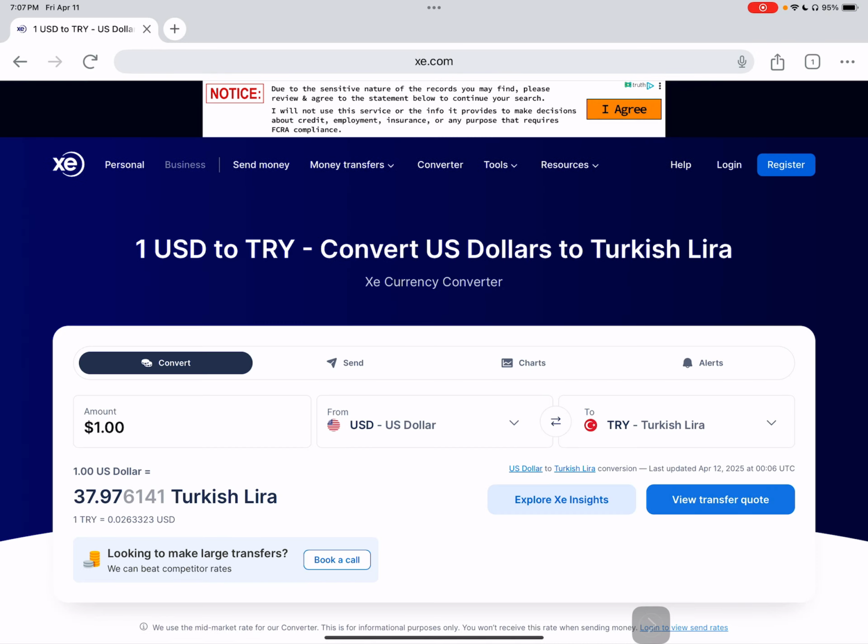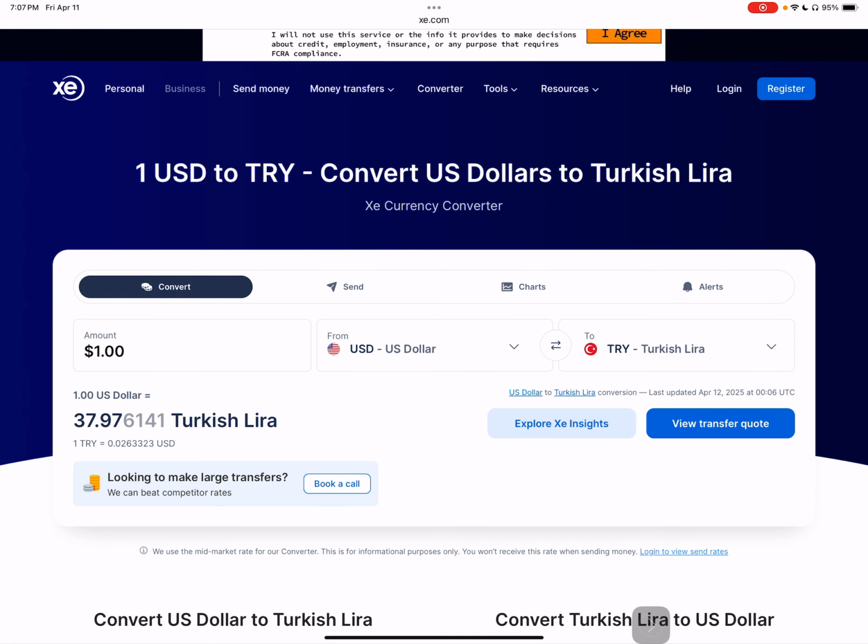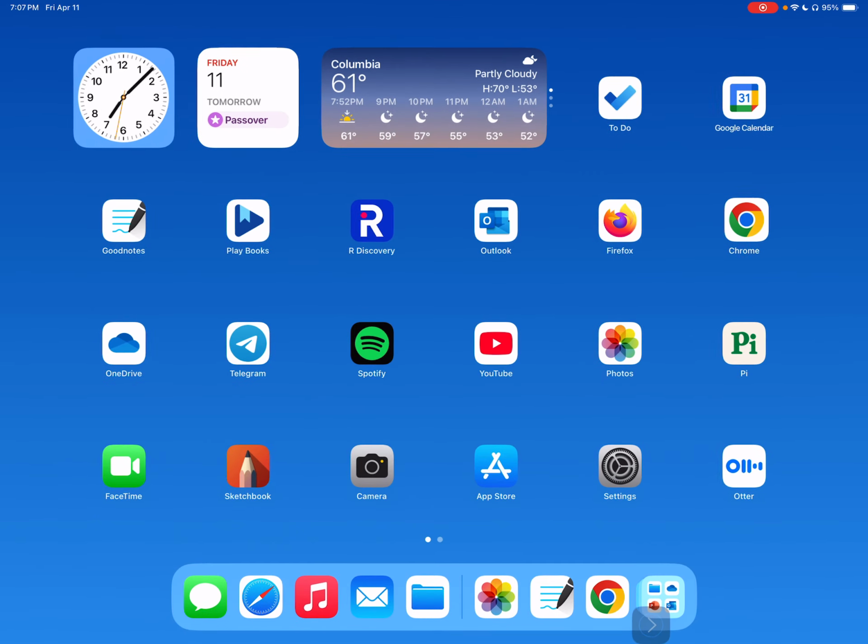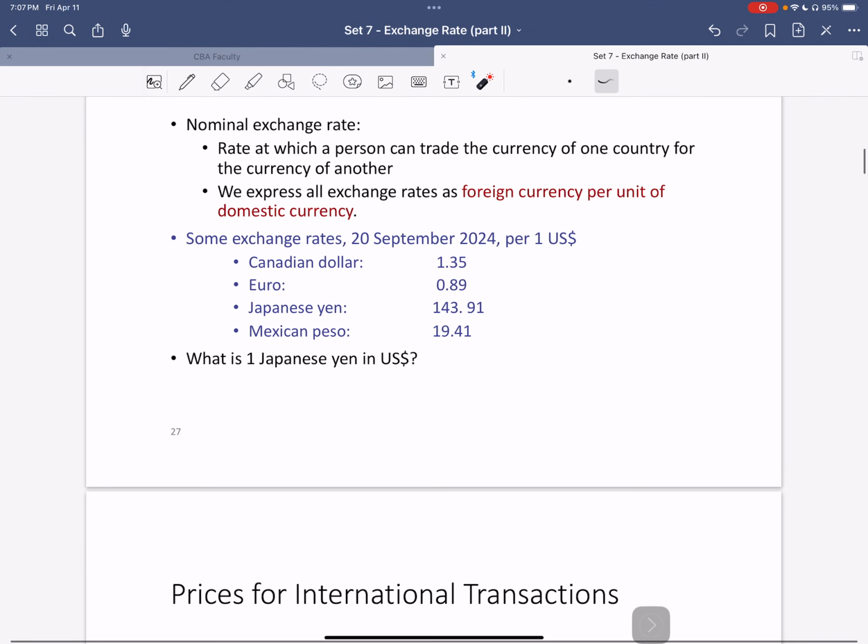They just convert it, and that will give you $1 is equal to 37.97 Turkish lira. It means 37.97 Turkish lira per dollar. We will express that in foreign currency per unit of domestic currency.